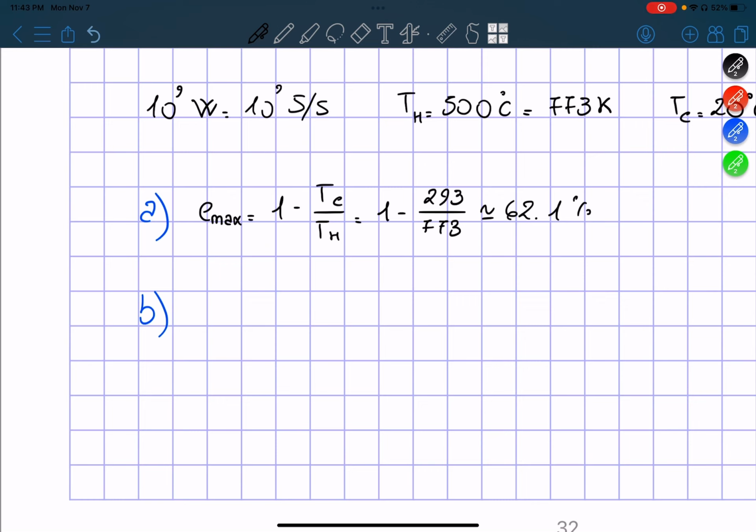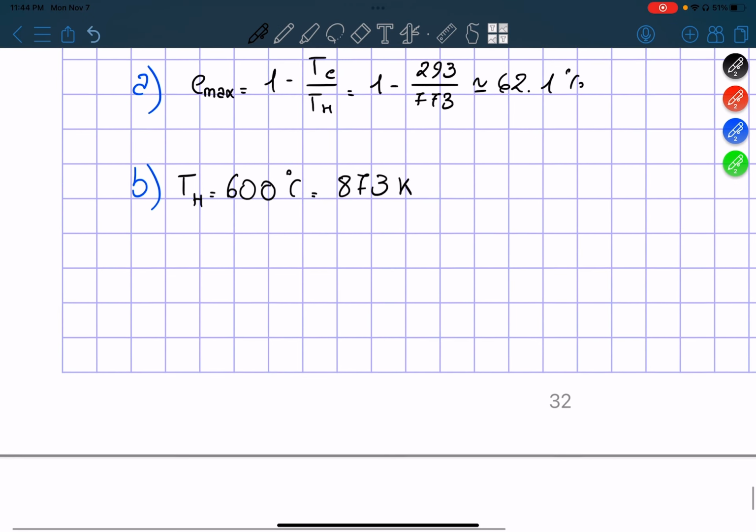For part B, it says, what if you allowed the steam temperature to be raised to 600 Celsius? So we have 600 Celsius as T hot now, which is equal to 873 Kelvin. What is the efficiency now? Well, we can calculate it.